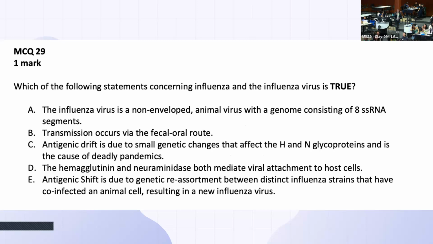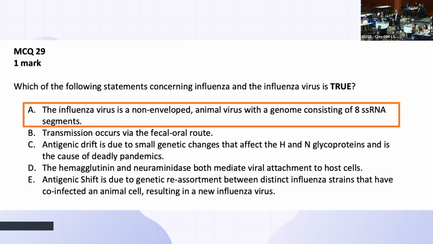Okay, this one is a common question and we got asked it, so you might be asked it as well. Okay, for this one, the flu has 8 ssRNA, single-stranded RNA segments.